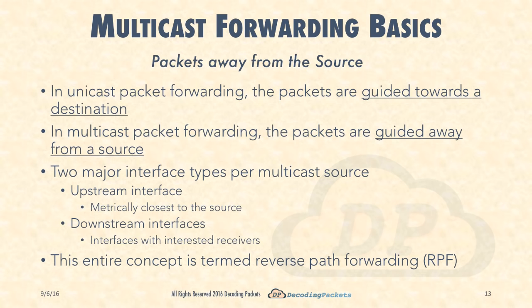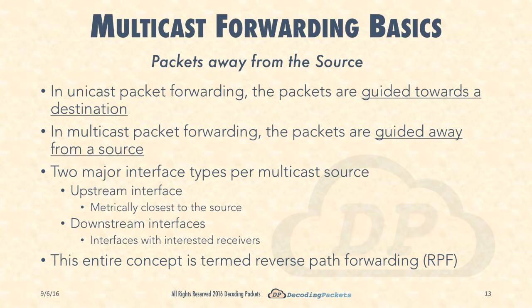In multicast packet forwarding, this basic mechanism has changed. The multicast packets are really, in a sense, guided away from a source. So you're not necessarily guiding them towards a particular recipient or a receiver or a destination. You're really trying to take them safely further and further away from their originating source.